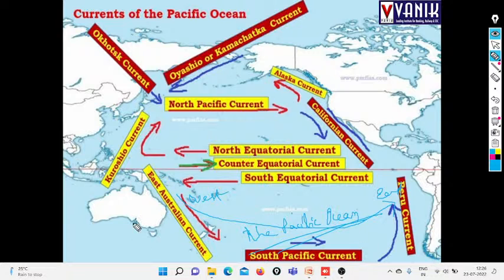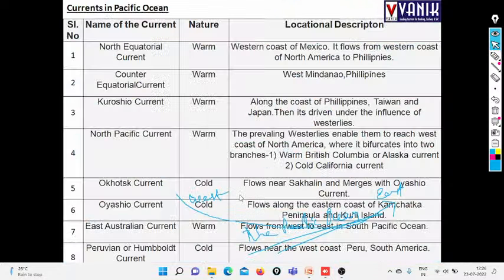Just look at the diagram; a diagram speaks a thousand words.